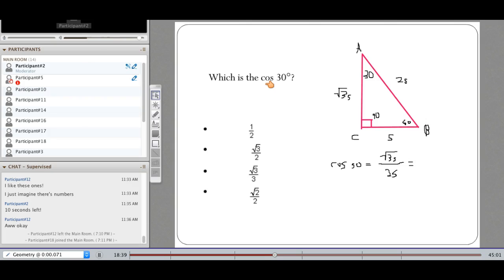If you're just using sine, cosine, or tangent, now the law of sines and the law of cosines that we talked about last class are an exception, but there's a little bit more to those formulas than just cosine of a number or sine of a number. If it's just cosine, sine, or tangent of an angle, then you know it has to be a right triangle. So that's something, first of all, important to realize.